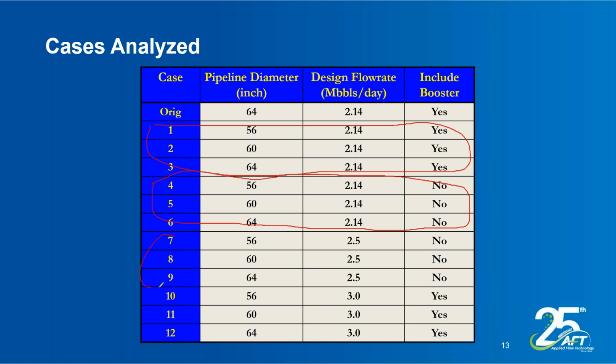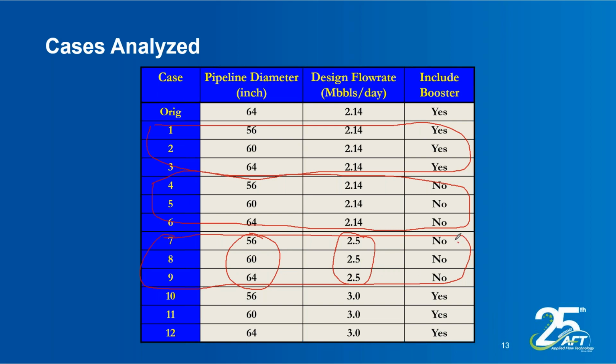Now, these 3 cases are kind of a sub case, because this is where the goal was to build in some additional capacity for the original design. This is where using the extra strength or the X70 steel was really helpful, because at higher flows, they'd be able to withstand higher pressures.